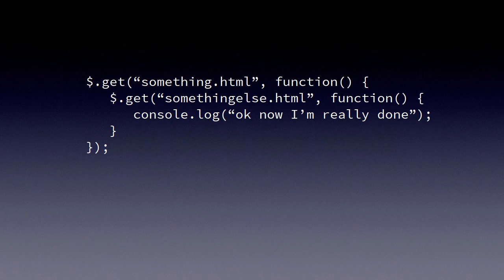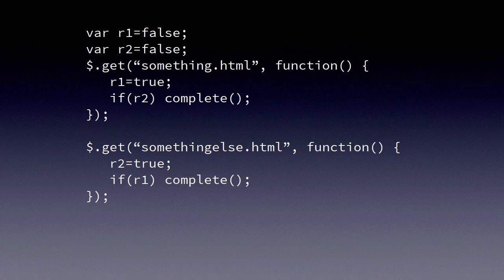So what if I want to fire multiple at once? Well, now I have another problem. See, I'm firing 2 different AJAX requests, but how do I know when they're both done? Well, one solution would be to possibly use a bunch of flags. So in this case, I have 2 flags, R1 and R2. I've set them both to false.